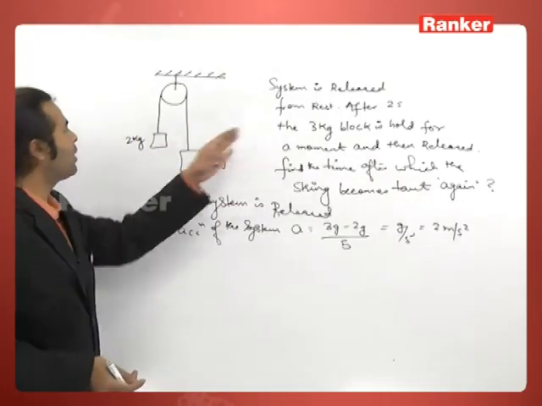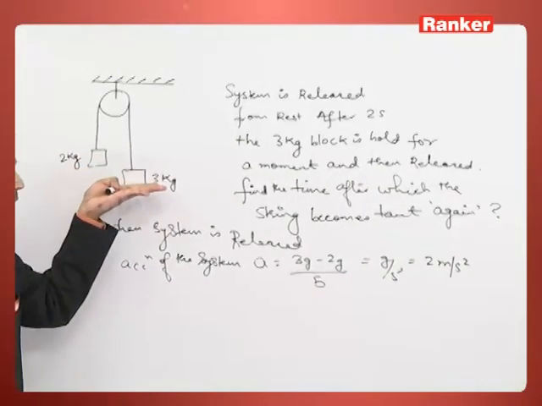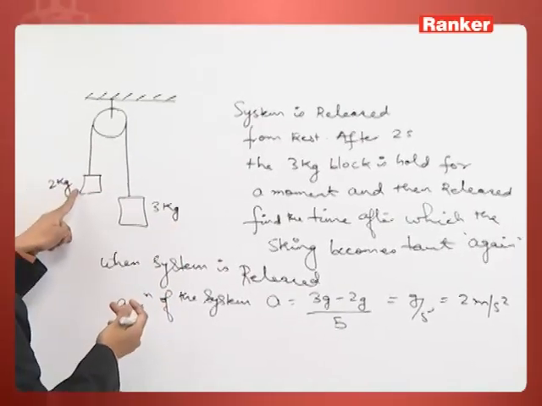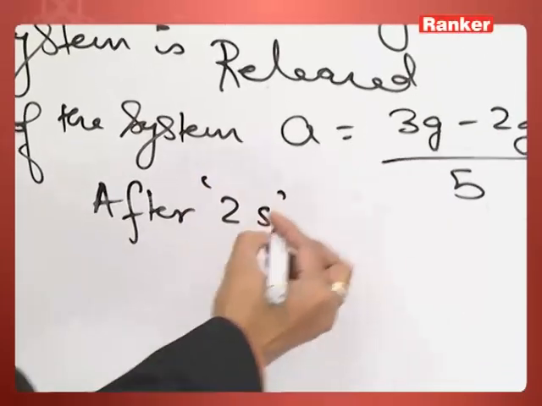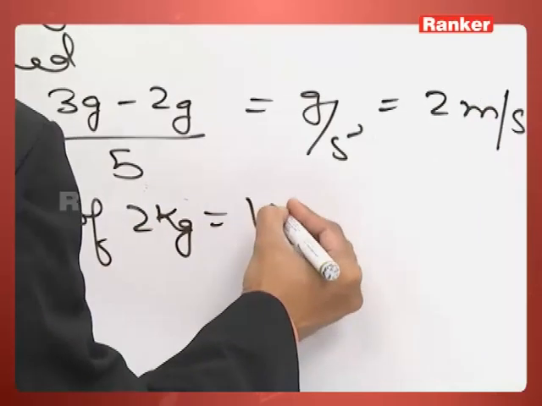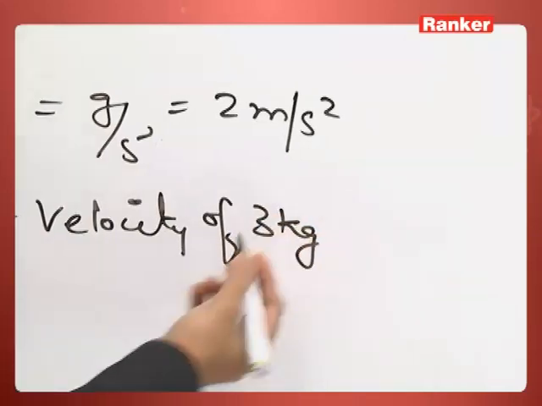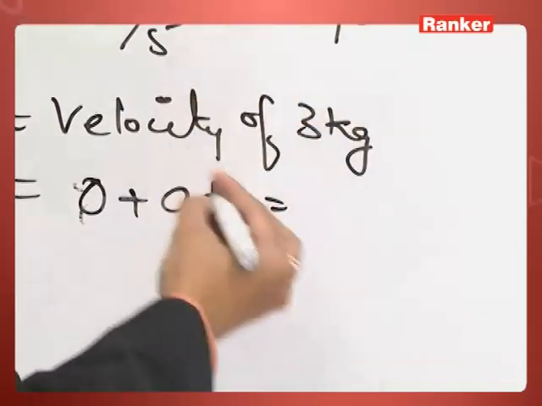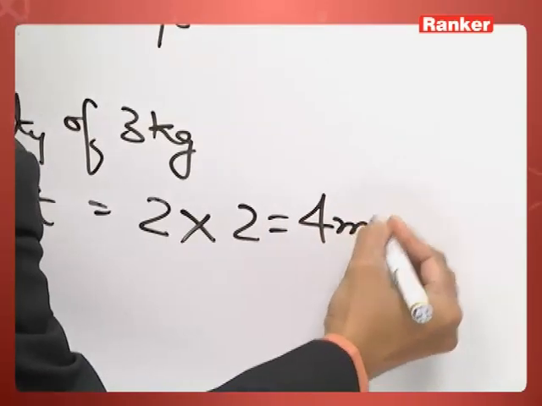Now after 2 seconds, the 2 kg block will be moving in the upward direction and the 3 kg block will be moving in the downward direction. So after 2 seconds, the velocity of the 2 kg block as well as the 3 kg block is 0 plus at, that is 2 into 2, which is 4 meter per second.